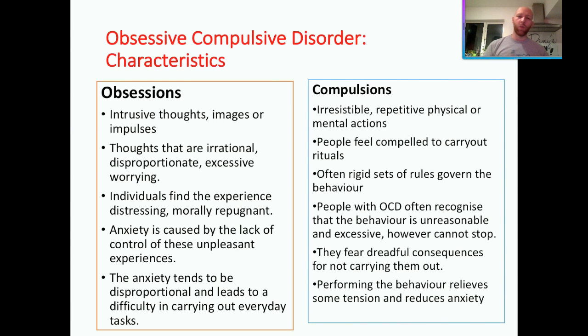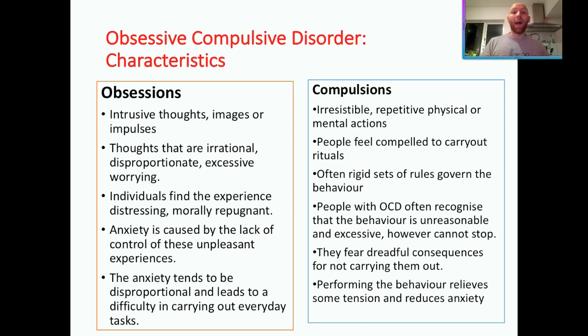When we talk about the compulsions, this is the behavioural element. These are the bits we see. We see them behaving in this way. It can consist of irresistible, repetitive physical or mental actions. So you might have to think something over and over again, or a set number of times. You may have to perform an action repetitively for a set number of times.